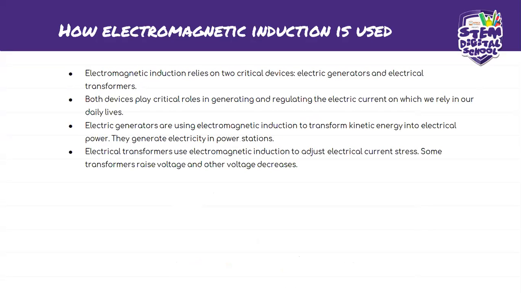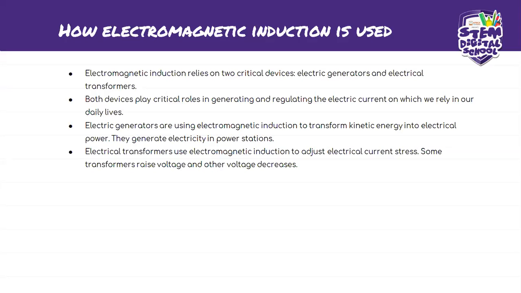So how is electromagnetic induction used? How do we use electromagnetic induction? Electromagnetic induction relies on two critical devices, and that is electrical generators and electrical transformers. Both devices play a critical role in generating and regulating the electric current on which we rely in our daily lives.